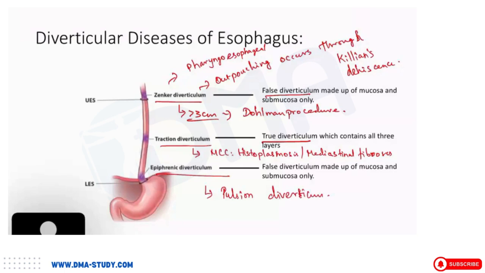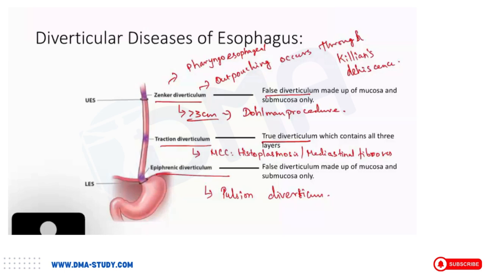Outpouching at Killian's dehiscence: which diverticulum? Zenker's diverticulum. Which one is a true diverticulum? Traction diverticulum or parabronchial diverticulum. Which one is a pulsion diverticulum? Epiphrenic diverticulum.